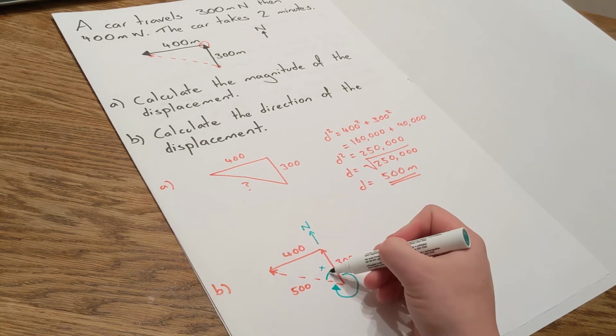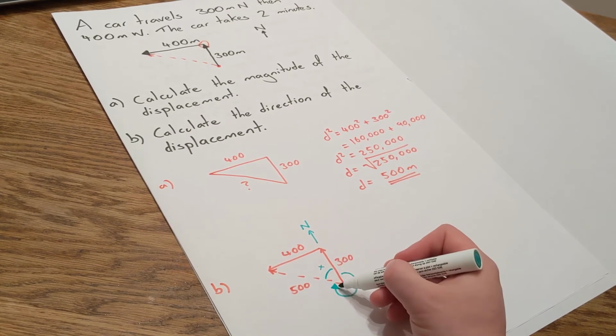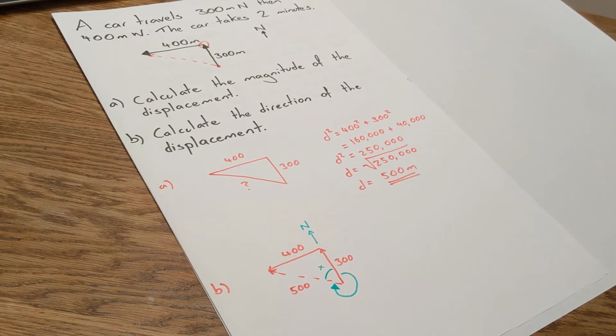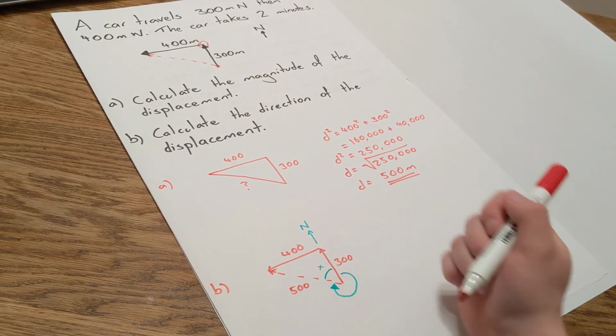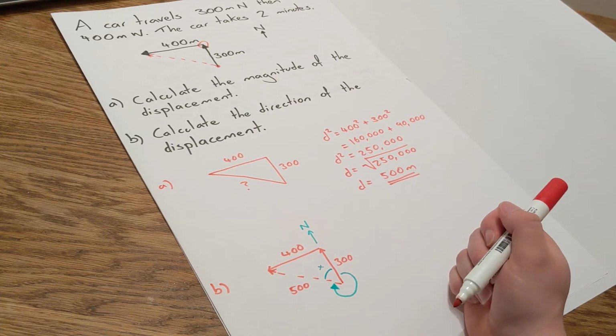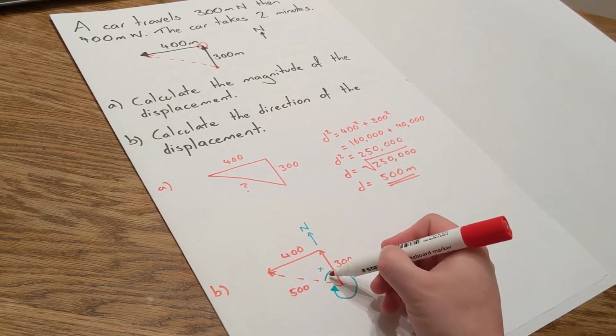So if I work out this angle here, I can take that away from 360 and it'll tell me what this direction is. So let's do that, and to do that we're going to need to do some trigonometry. So we can use sine, cos or tan here because we know all the sides. I'm going to use tan.